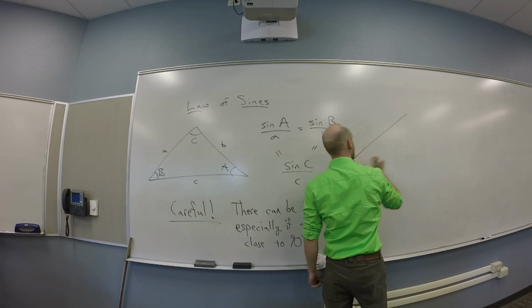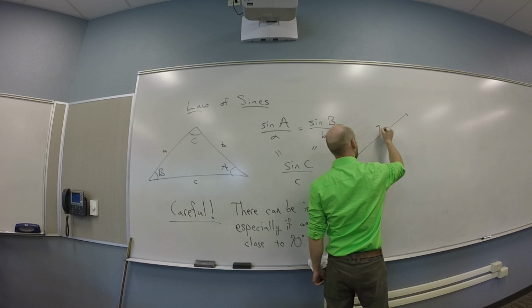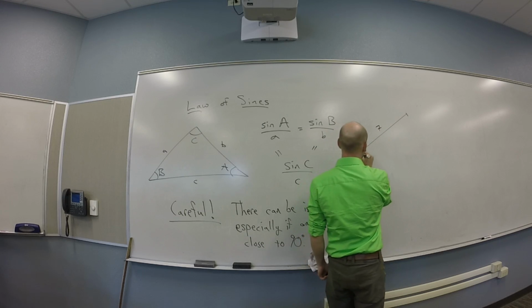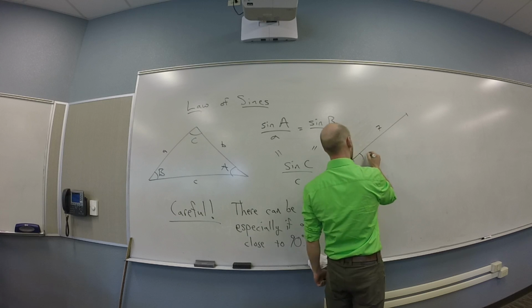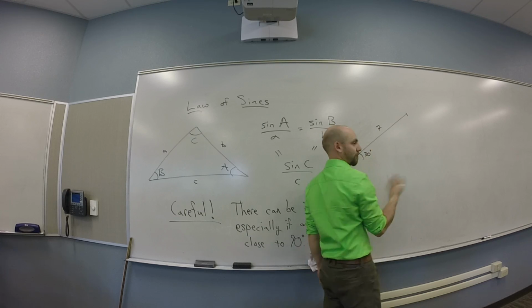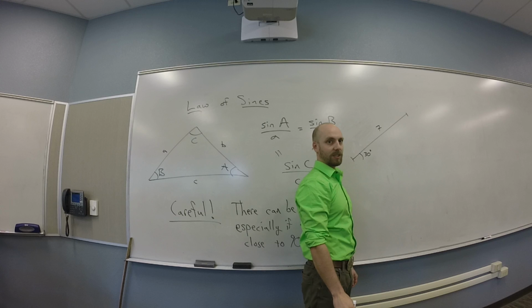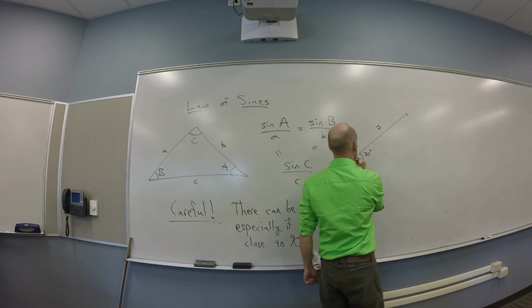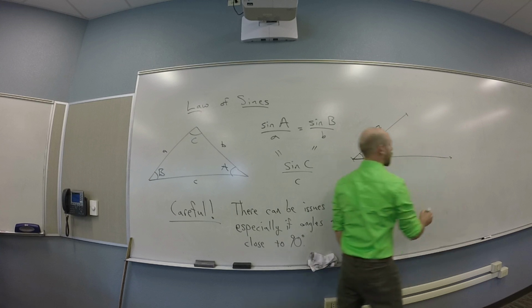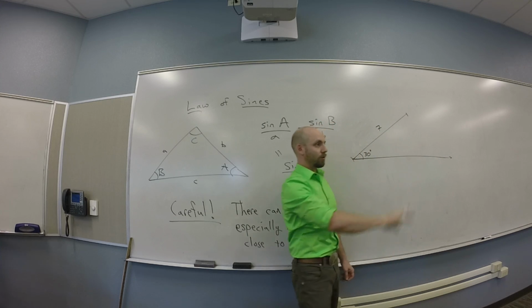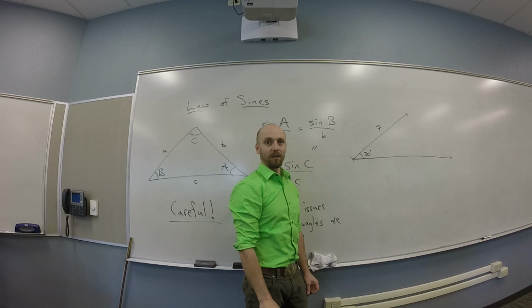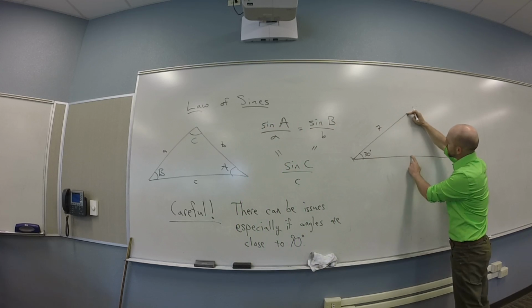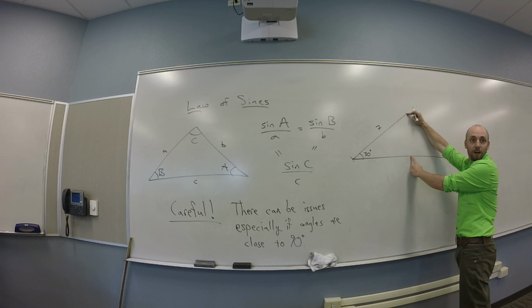Meaning, here's some side. Let me just call this 7 units for kicks. Here's some angle. Let's say I knew this is 30 degrees. Does that look about right for 30 degrees? Yeah, give or take. I don't know how long this side is, so it goes out there somewhere. This would be a 90-degree angle right here.